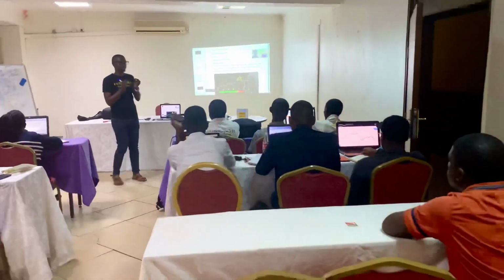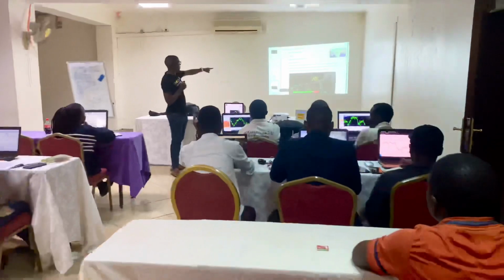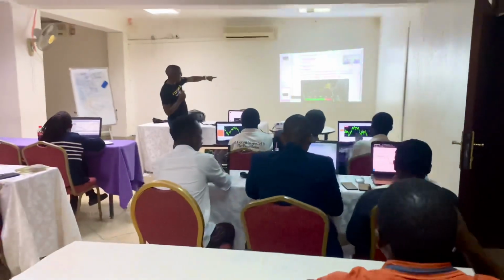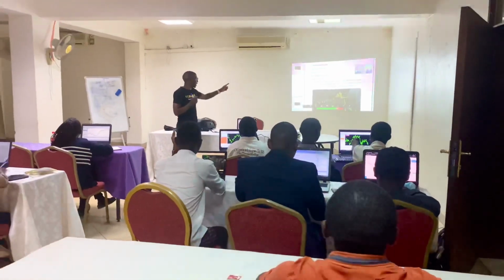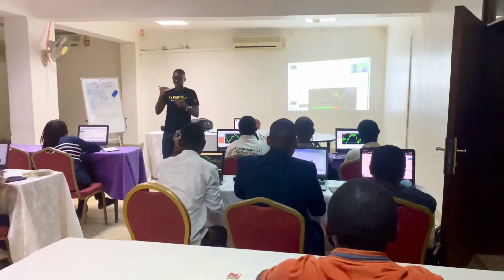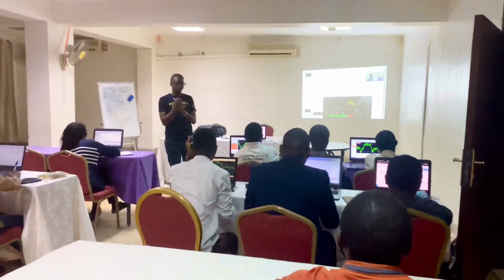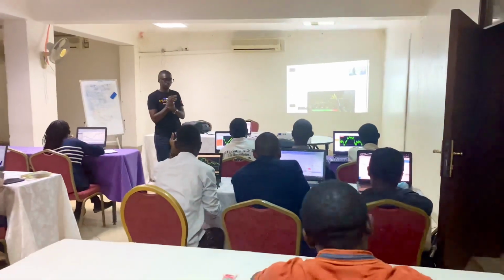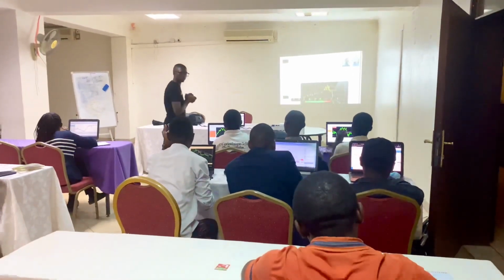And here you can also be in position to identify that this is the head and shoulder: this is the first shoulder, this is the head, this is the second shoulder. So you get it? They ought to be close to each other.